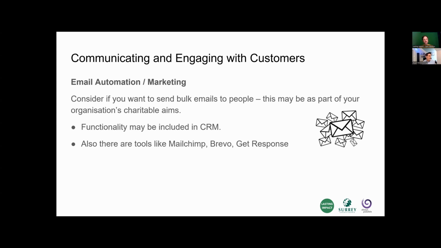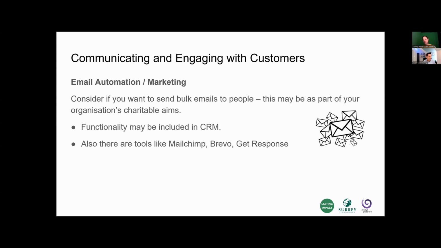Moving on, this is very much related to CRM. You may well be doing marketing emails. Again, this is an area of software you'll need to think about for your organization. Often this would be included in your CRM, but the ability to send out emails to large groups of customers, whether they be people you're helping, people you're raising funds from, or people you're partnering with, is important. You need ways to send email in bulk.